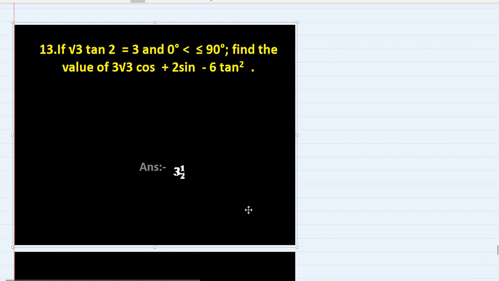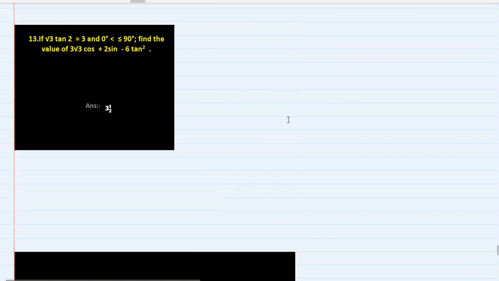Okay, let's do the second last question of the chapter. If root 3 tan 2 is equal to 3, I really don't understand this question because there is something wrong with the question. Okay, let's see the original question number 13 and solve it.